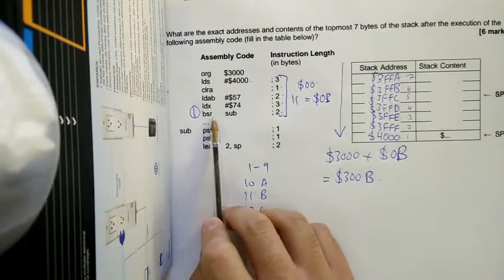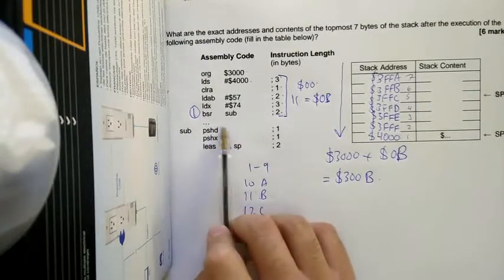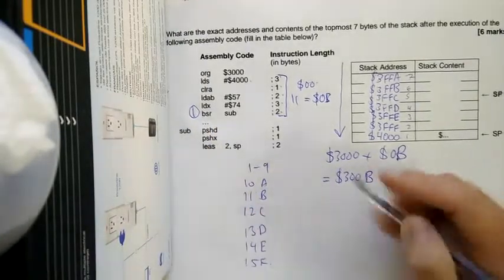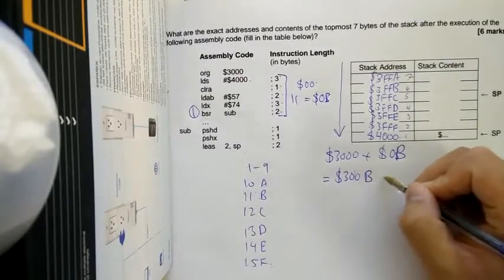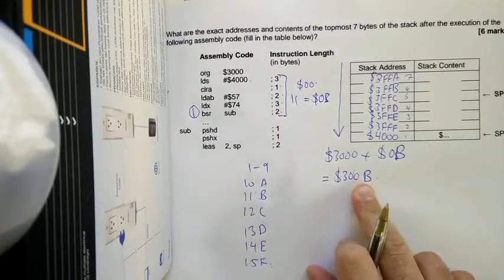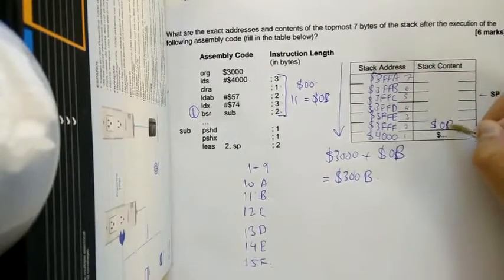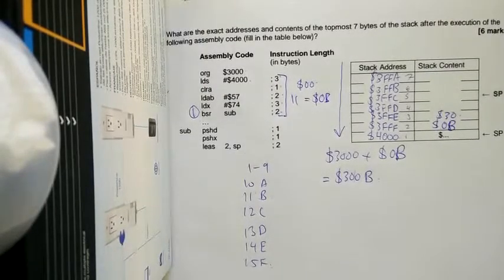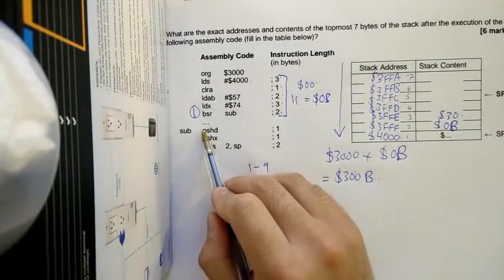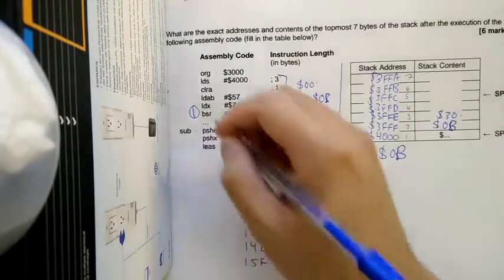Remember, BSR or JSR kicks everything off. This is the first thing that we do. It goes in from the rightmost byte first, so 0B, and then 30.